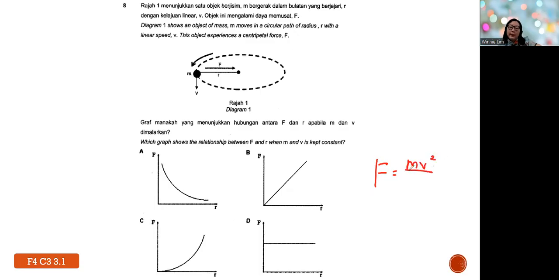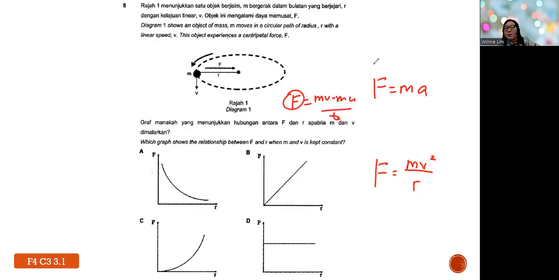Nowadays they will give you the formula list in the front page, so you can find the equation. But of course, they do not really specify that this F is centripetal force. So you still need to really understand from each chapter what this F refers to, because you also have F equals ma, and F equals mv minus mu over t.